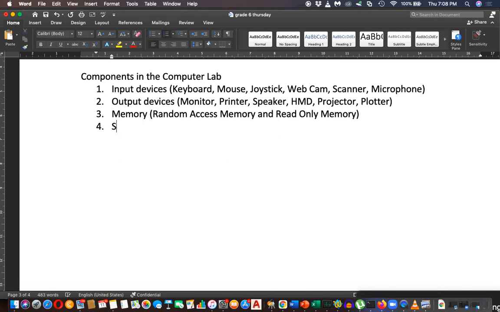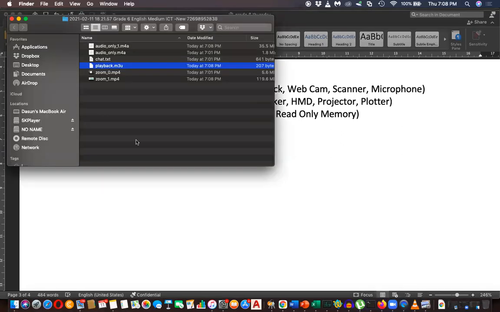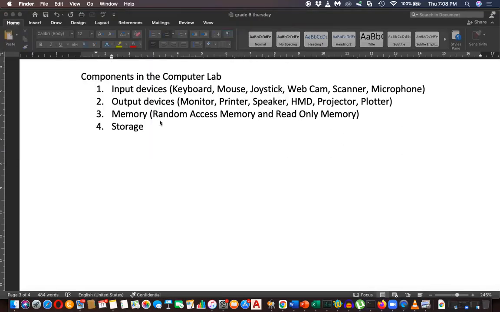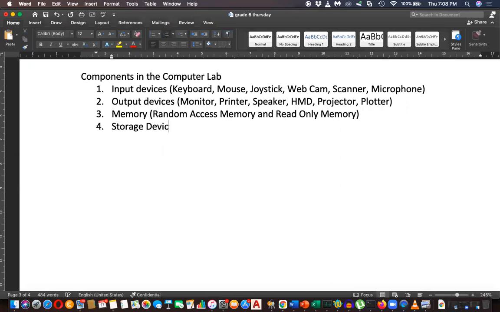Then storage devices. Please write this down quickly. What are the storage devices?